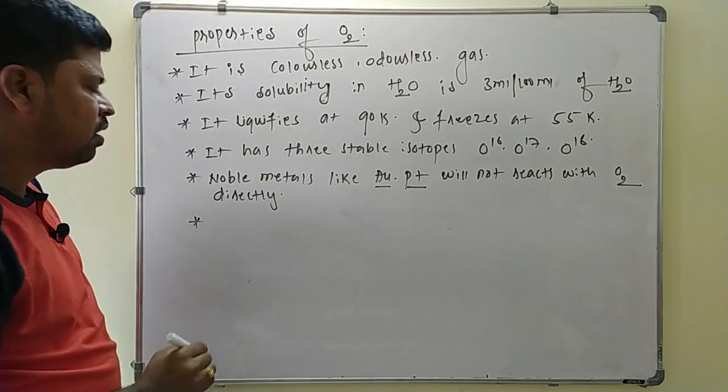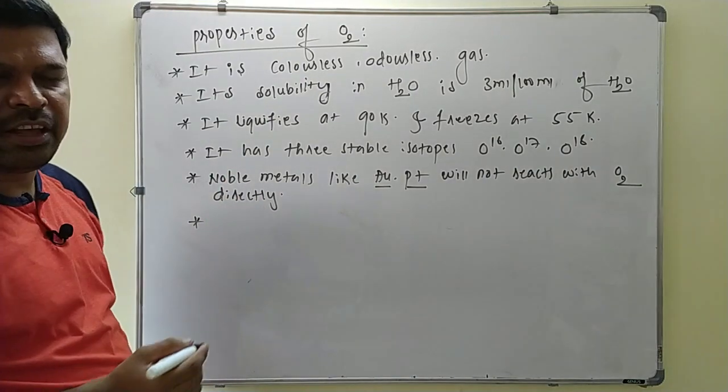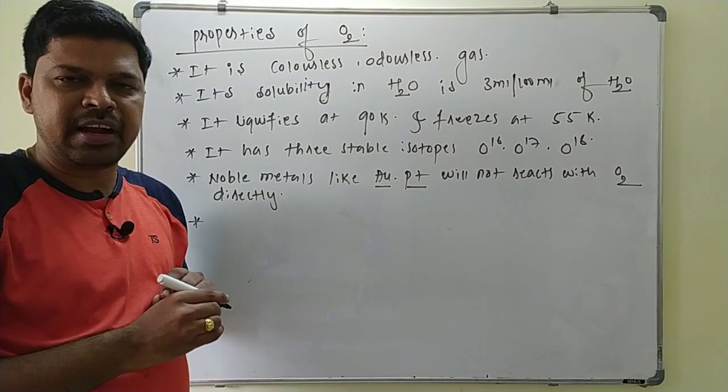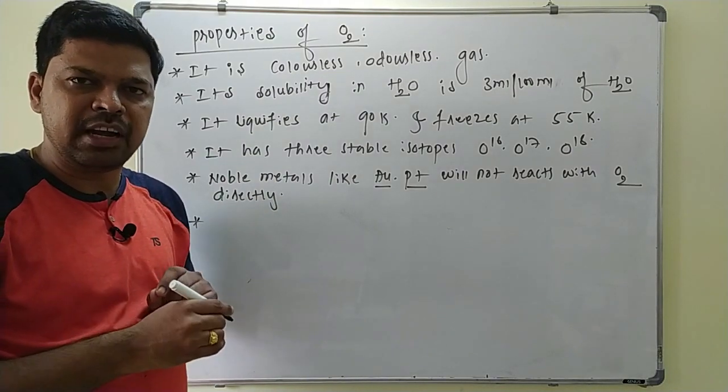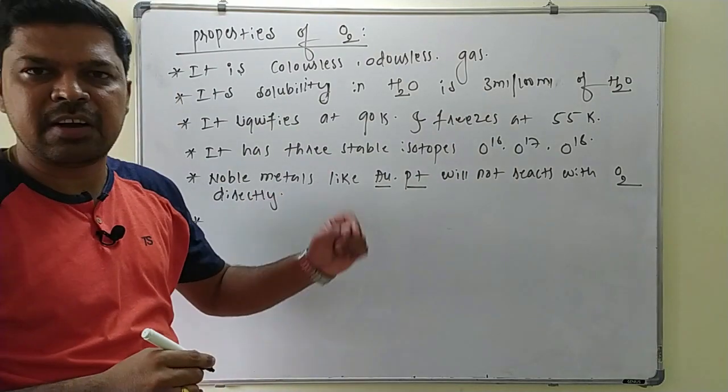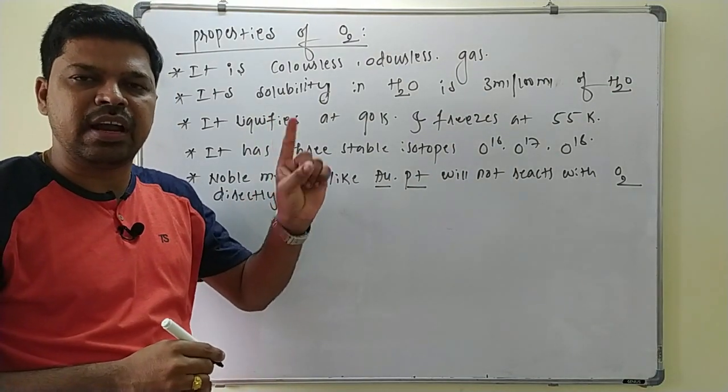Next point, it is paramagnetic in nature. Already you have studied in the MOT. So this O2 molecule is paramagnetic in nature because it has 2 unpaired electrons in the antibonding π* orbitals, that is π* 2px and π* 2py.